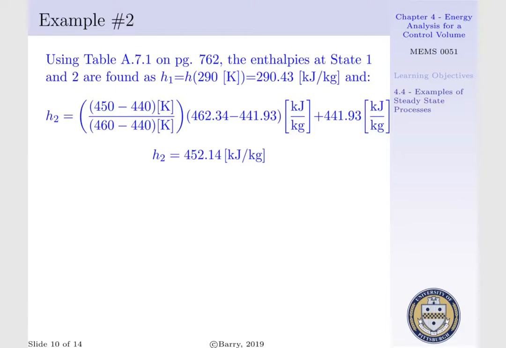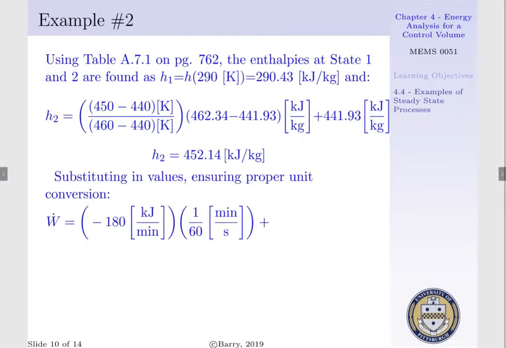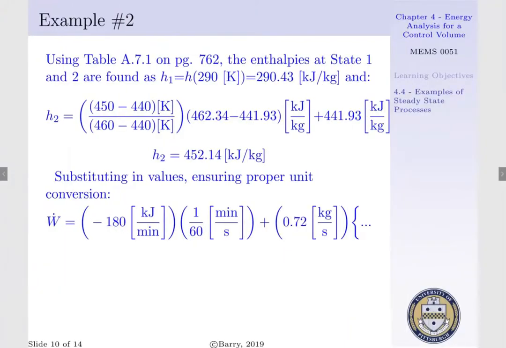Now we can substitute all our known values into our conservation of energy equation. W dot is equal to Q dot, and since this heat is being rejected from our system to our surroundings, we have a negative sign of 180 kilojoule per minute, and we have to convert this to kilojoule per second by dividing by 60, plus our mass flow rate, 0.72 kilograms per second, times the following quantities.